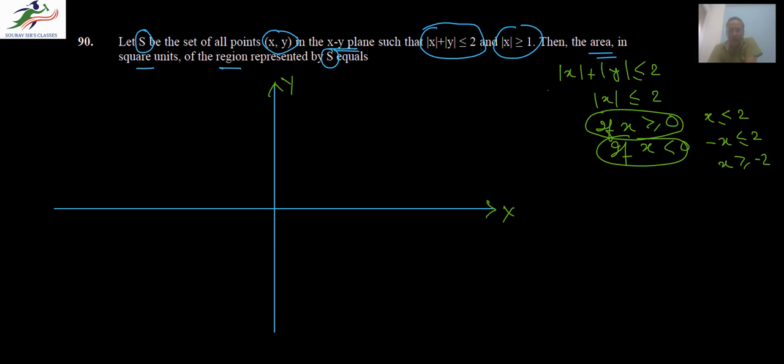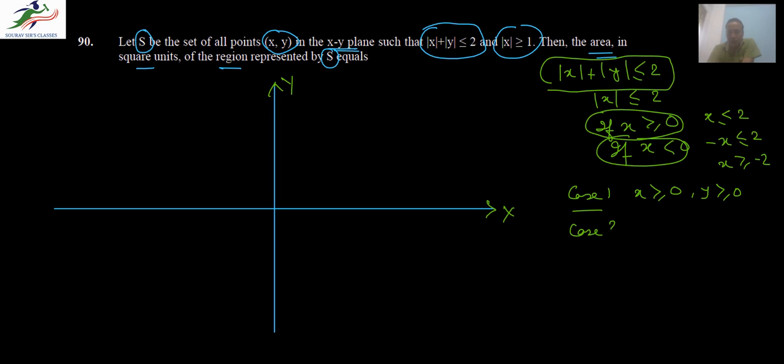So if we look at this inequality, this can have four cases. What are the four cases? The four cases are: case 1, x is greater than equal to 0 and y is greater than equal to 0.